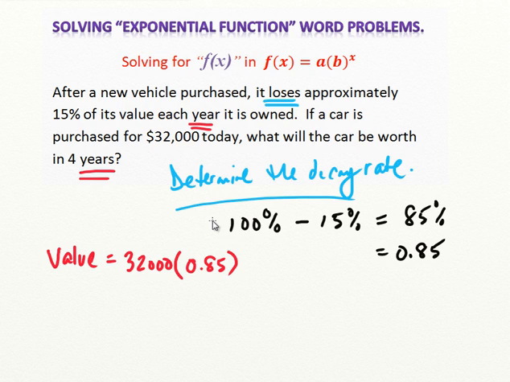In this case, it's decaying 15% per year, and we're being asked about 4 years in the future. If we do that, the value of the car will be $16,704.20.